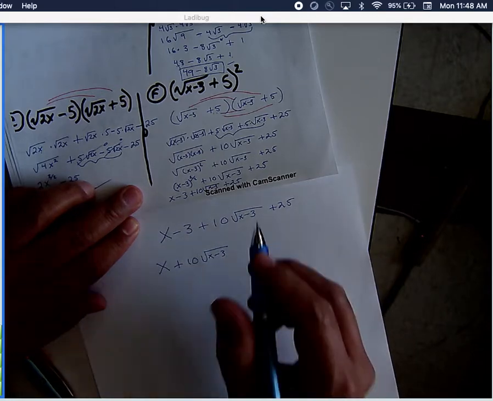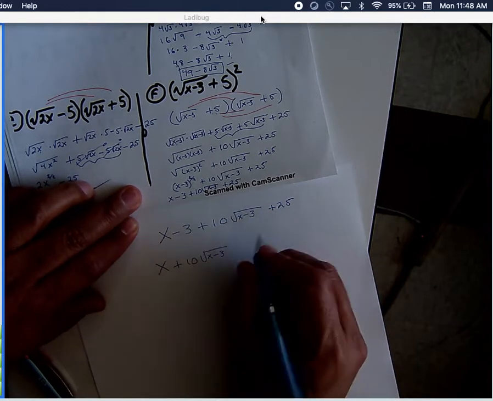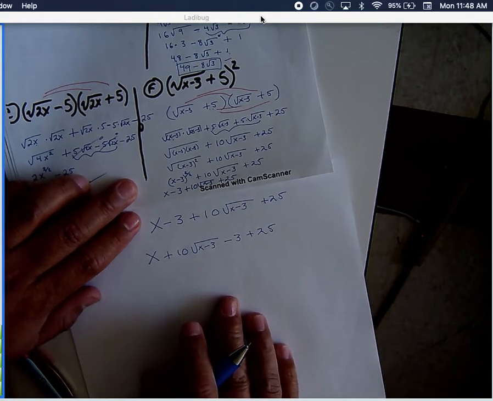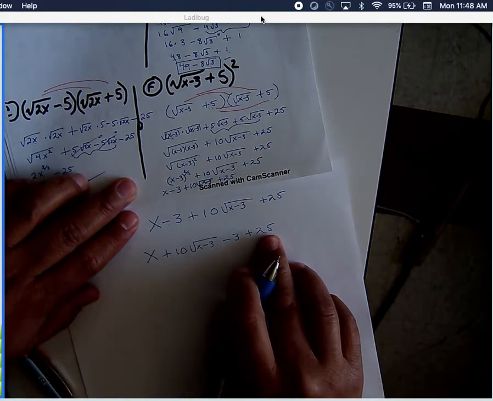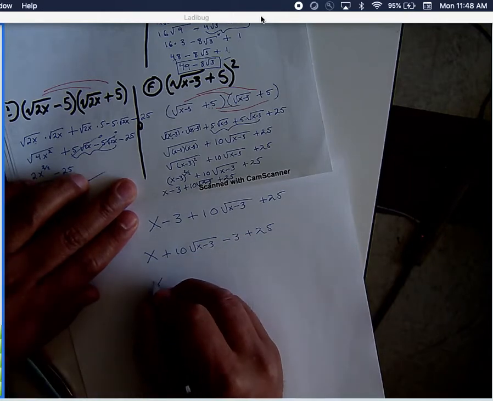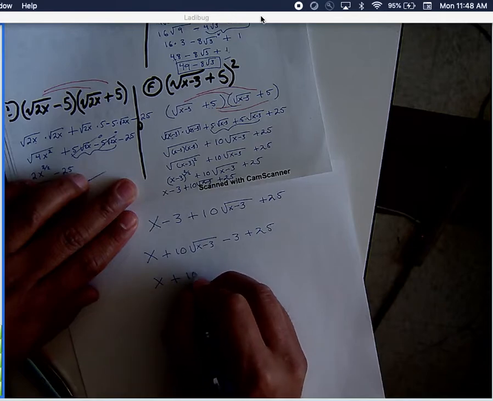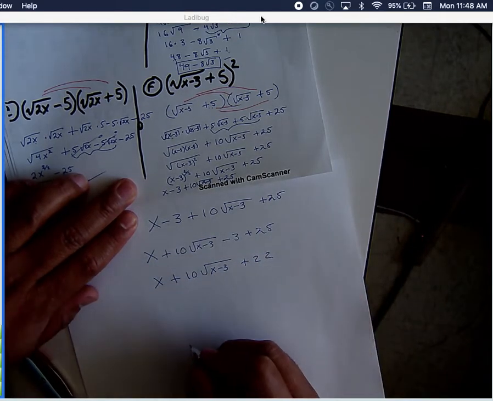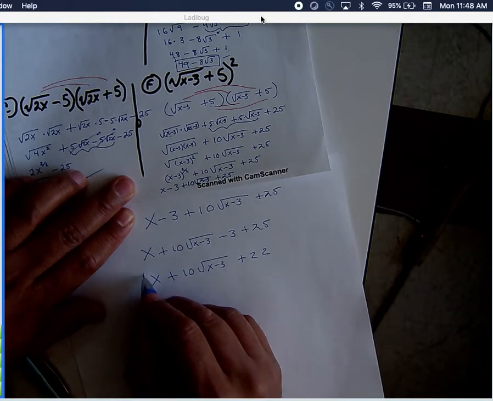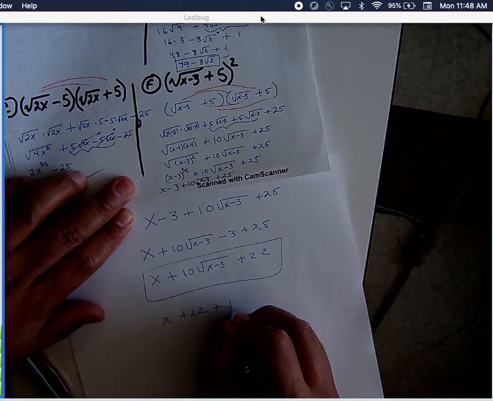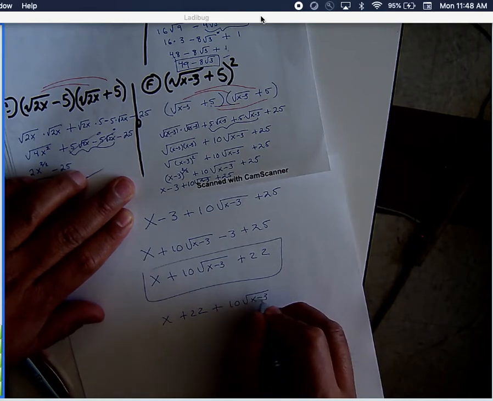I don't know how the book has it. And then I'm going to place this one. 3 plus 25. I'm going to group it on the side so that you see. So negative 3 plus 25 gives you positive 22. So, and actually the book has it the other way, but I'm just going to make it like that. Plus 22. That's the answer. Or you can put it like that, plus 22, and that's how the book has it. Or like that.